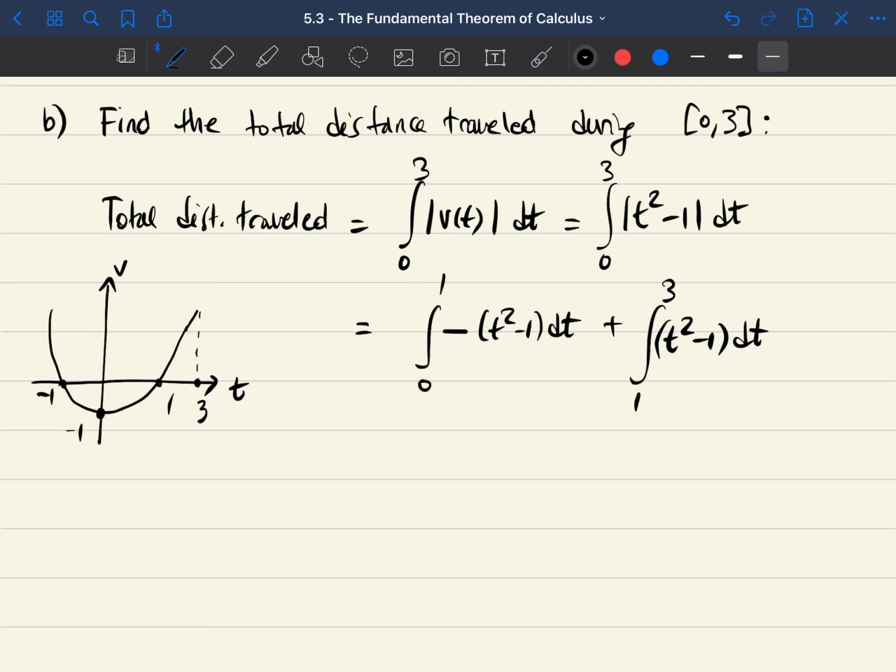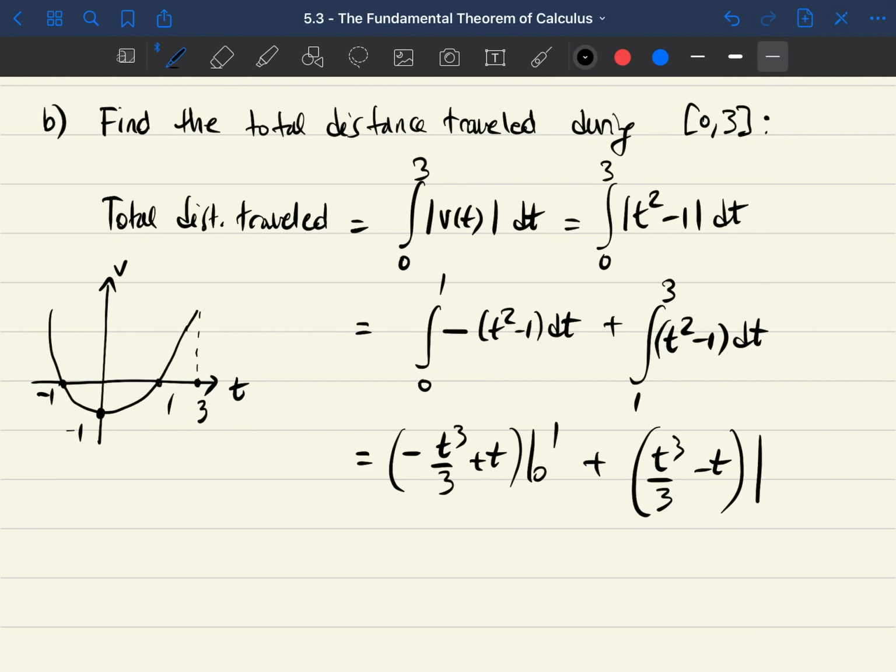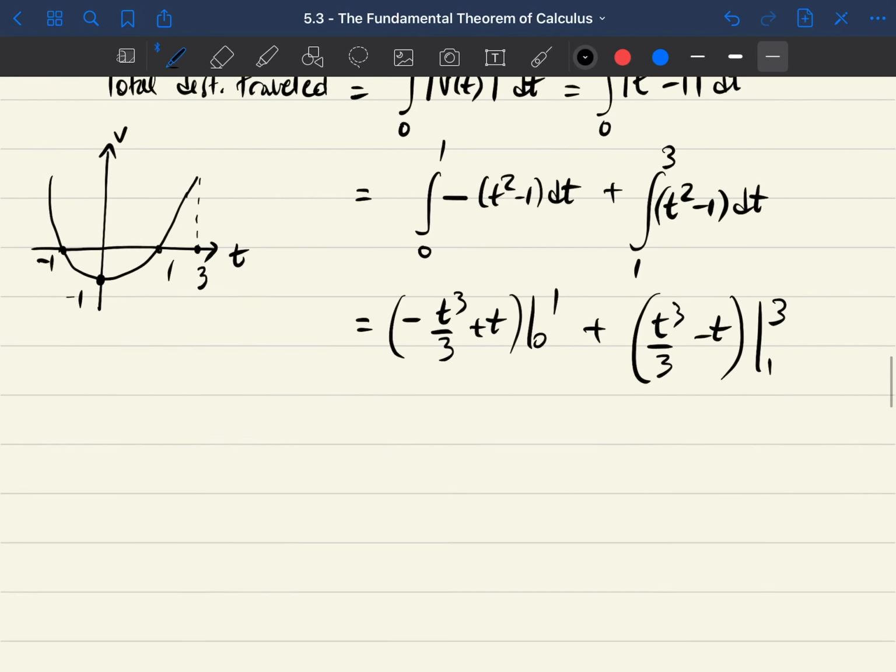Okay, so this is equal to minus t cubed over 3 plus t from 0 to 1 plus t cubed over 3 minus t from 1 to 3.